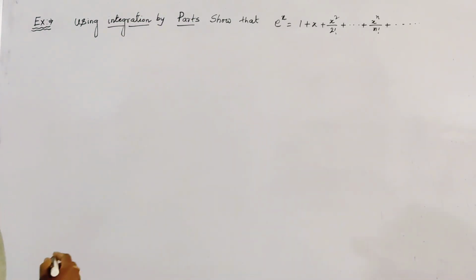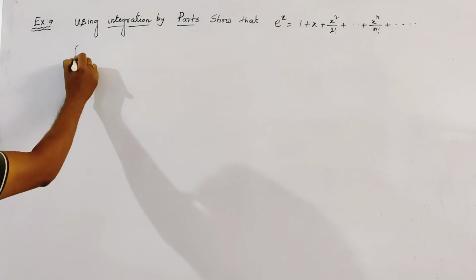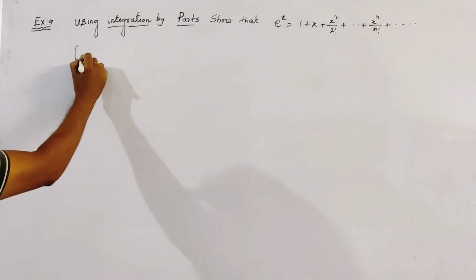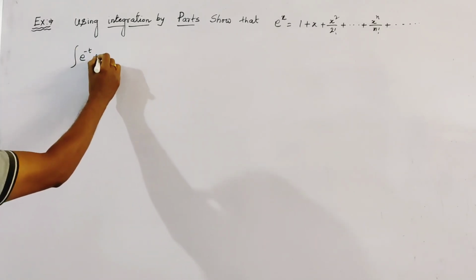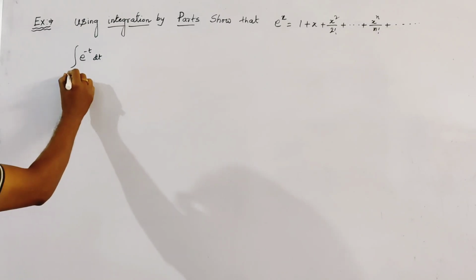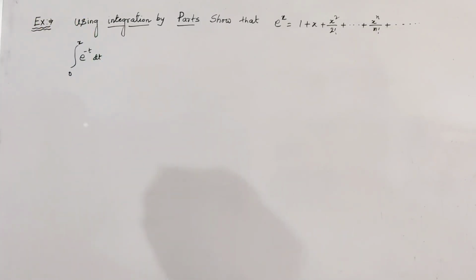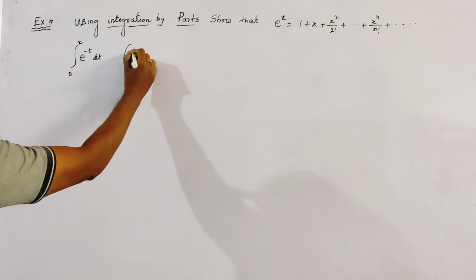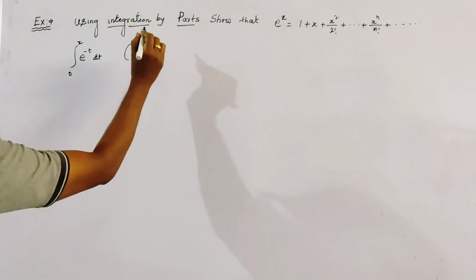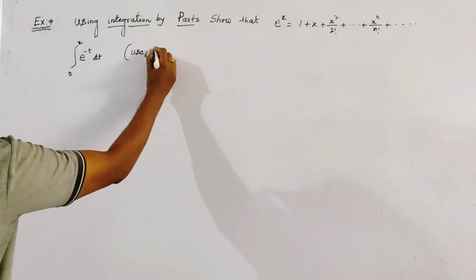To prove this series, we first start from the integration of e to the power minus t dt, and the range is 0 to x. And we use here integration by parts.